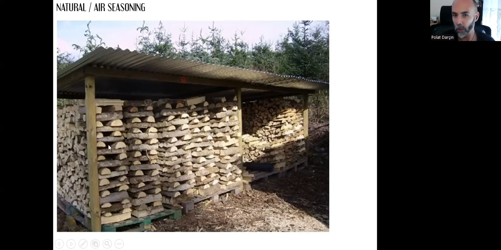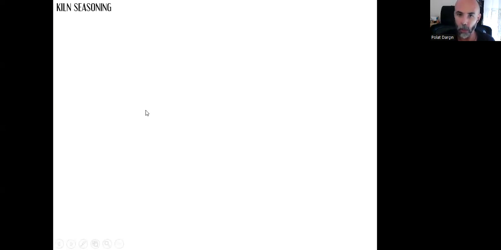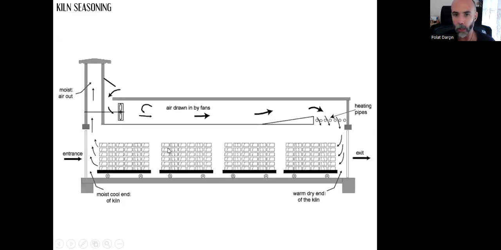There are gaps in between, vertically and horizontally, so that air can move freely, and we leave it for certain months. But it's hard to control the moisture content, and it depends on the weather conditions and everything. This way, if it all goes well, we can get the moisture content of these pieces down to 12 or 15 percent.